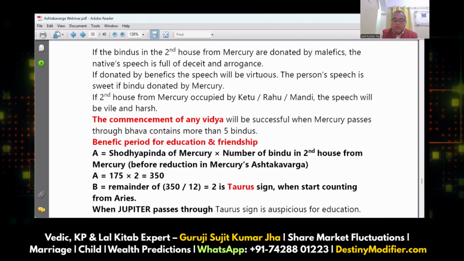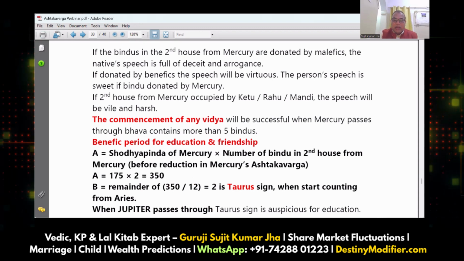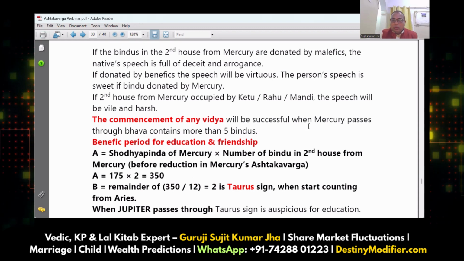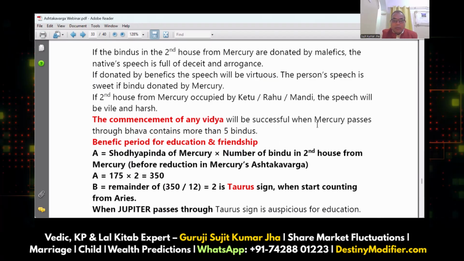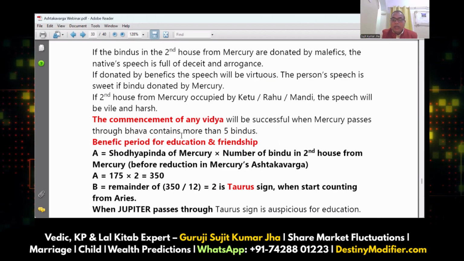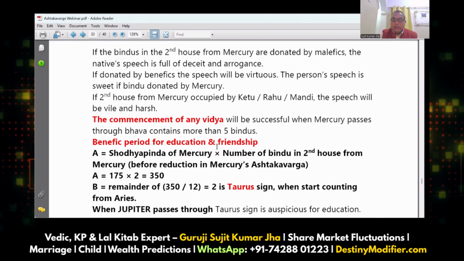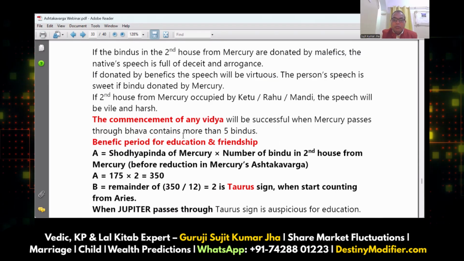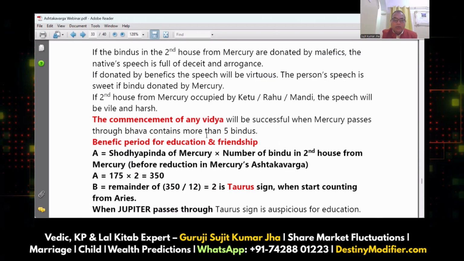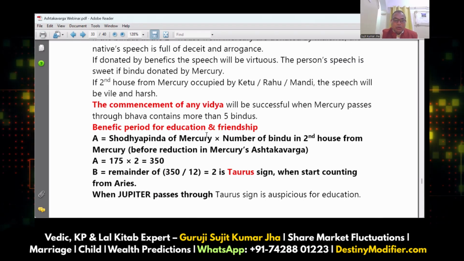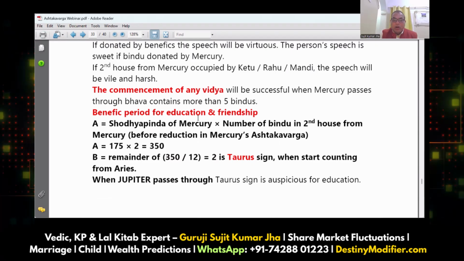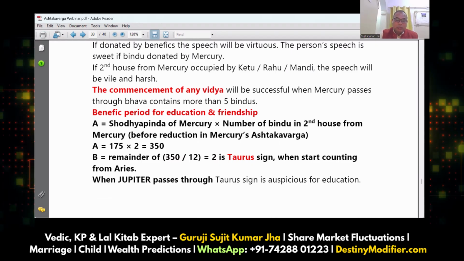When should a child start learning, when to start Vidya? When Mercury passes through a bhav containing more than 5 bindu, when Mercury transits that bhav, then it is better to start the Vidya. That is a beneficial period for education and friendship.